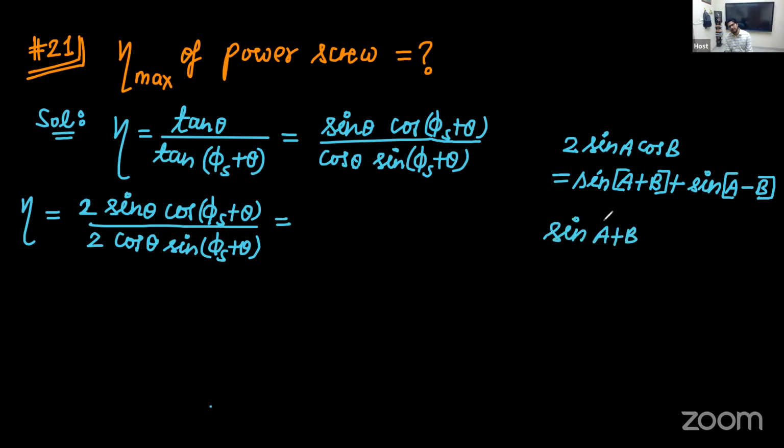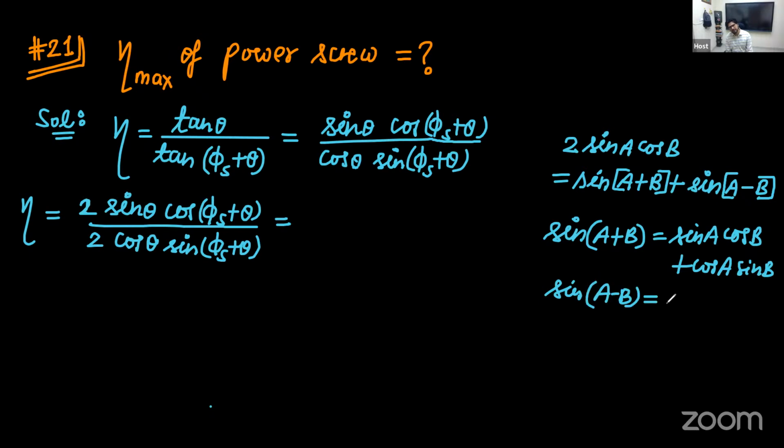Sine A plus B is sine A cos B plus cos A sine B, and sine A minus B is sine A cos B minus cos A sine B.